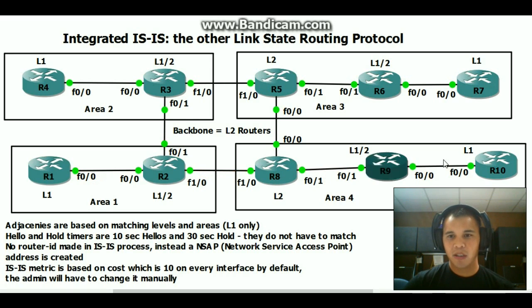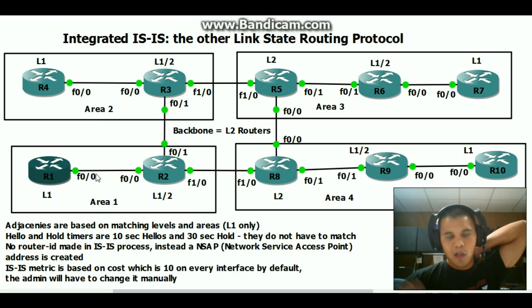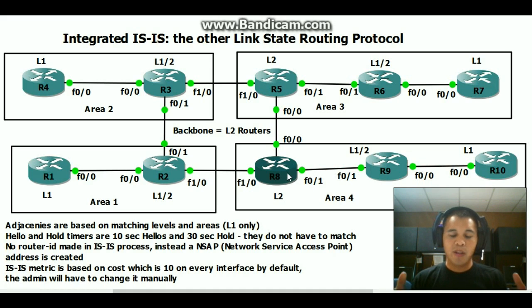If we don't change the metric, 10, 10, 10, 10, it's just going to choose basically the lowest number of hops because every metric is 10. So this is where the administrator would need to go in and follow the rules of OSPF, where you can do the 100 megabits over the bandwidth or whatever you want, but you do need to do a bit more configuration because you need to go into every interface and say, all right, fast Ethernet will have a cost of, let's say, 100 because we have gig links. So let's say gig links will be a cost of 10 or 1. It doesn't really matter.